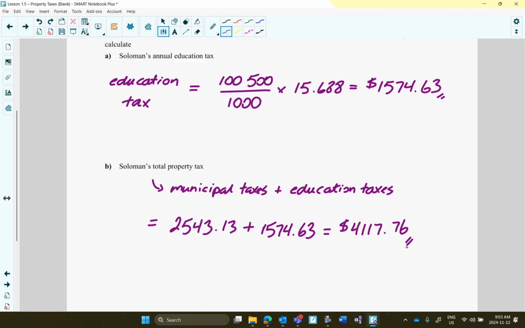That's the whole idea of a quasi-socialist system, where people are paying taxes to the government for things that benefit everybody. Okay, so that takes care of that.